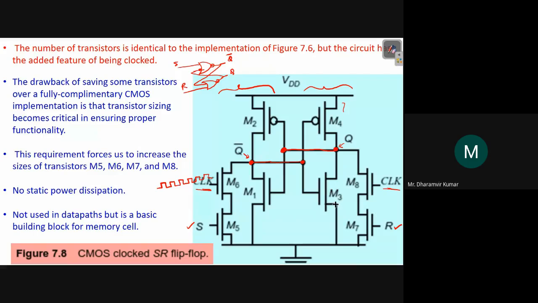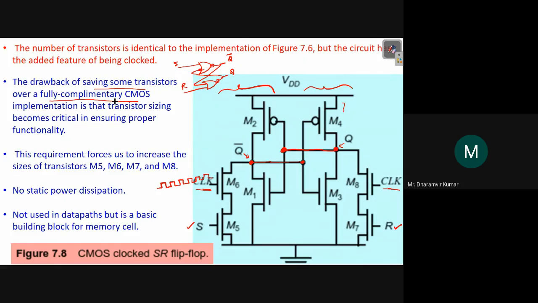In that case, we might have ended up with 3 plus 3 is 6, plus 6, 12 transistors. But here it gives us a compact circuit, using just 3 plus 3 is 6, plus 2, 8 transistors. So there is a saving of 4 transistors.